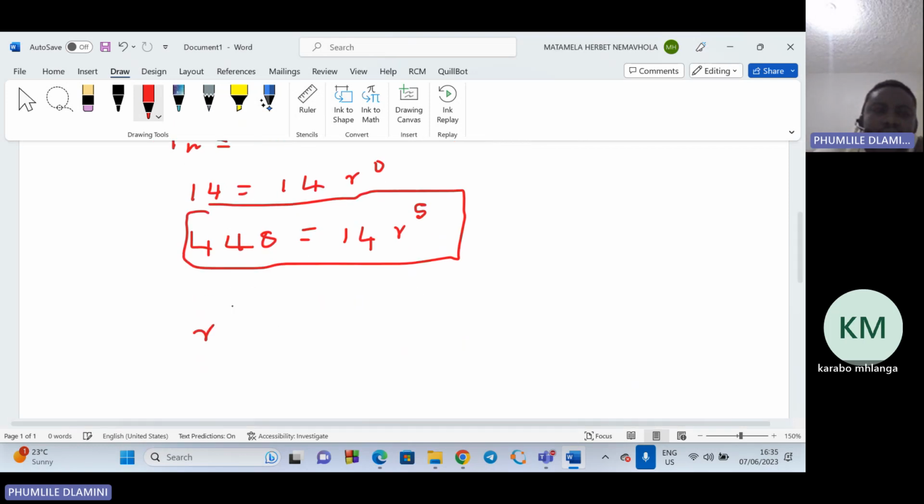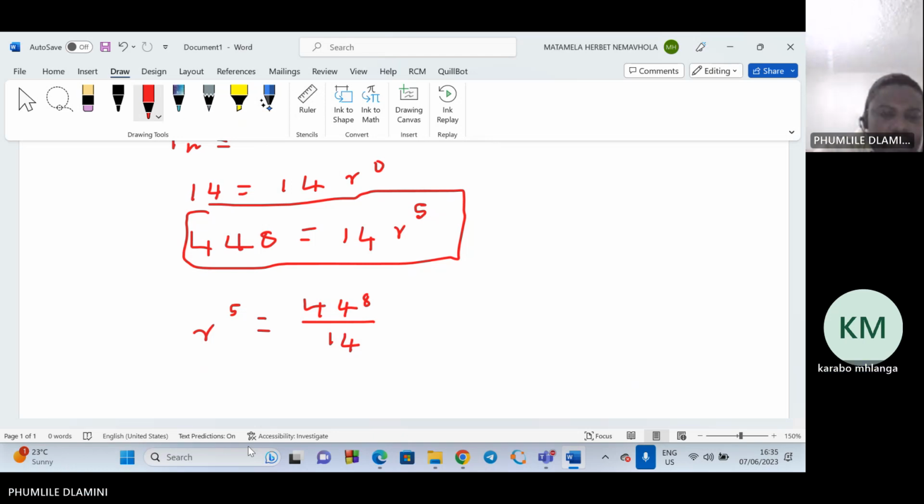We're going to have R to the power 5 equals 448 divided by 14. If you have 448 divided by 14, you can use your calculator and tell me the answer. What is the answer? 32. Now we have 32 here.